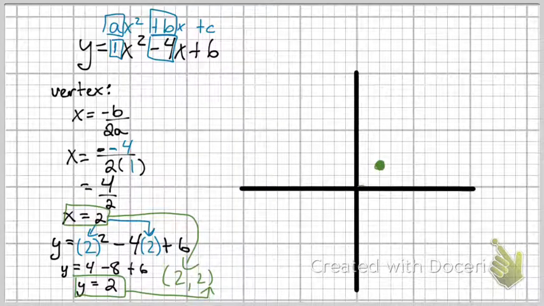So from the origin, I'm going to positive 2 on the x, positive 2 on the y, and that's going to give me my starting point. Now the next thing that I look at, well, a is positive. It's a positive 1.